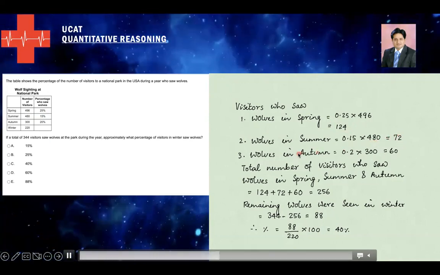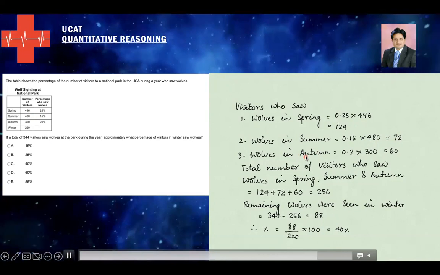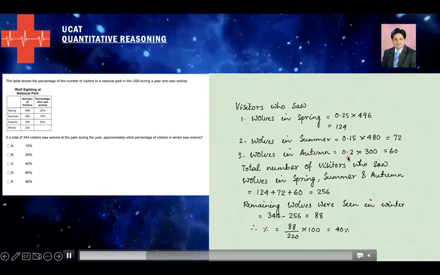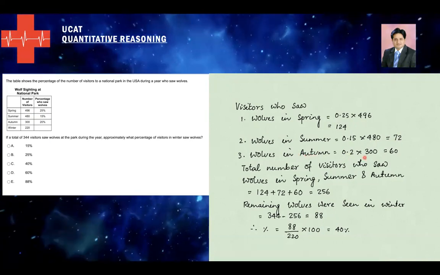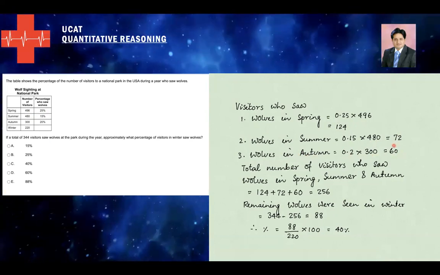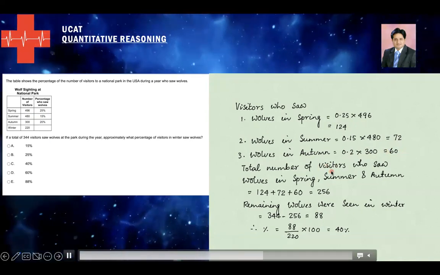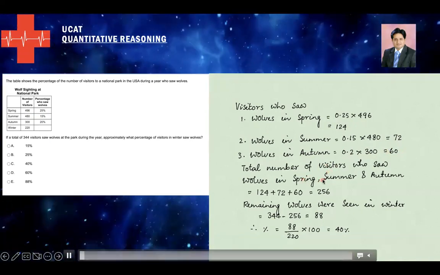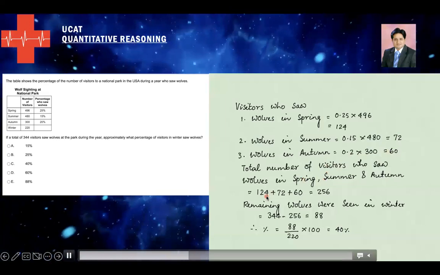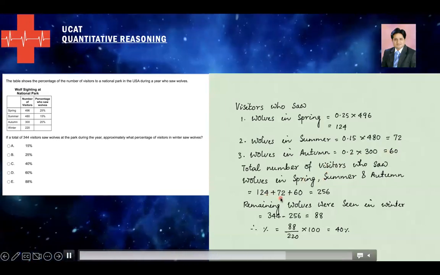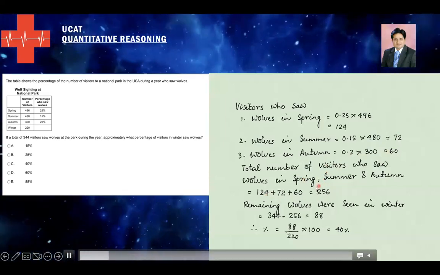The number of visitors who saw wolves in the fall, that's 20%, so 0.20 multiplied by 300, and that's 60. So let's calculate the total number of visitors who saw wolves in spring, summer, and the fall. It is 124 plus 72 plus 60, which is 256.